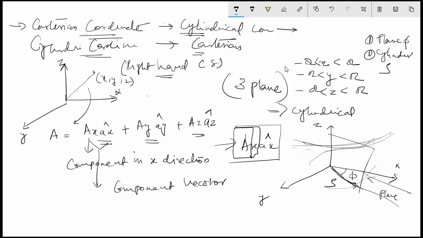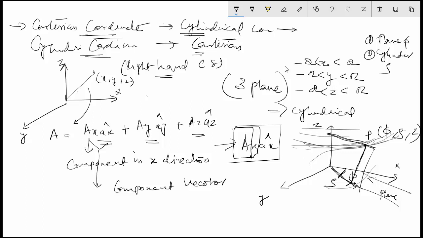This is my cylinder, so it's extending, and this cylinder will cut the point P at what is known as a z axis. So based on my phi, based on my rho, and based on my z, it's possible to locate a point. This is my z, this is my rho, and this was my phi.